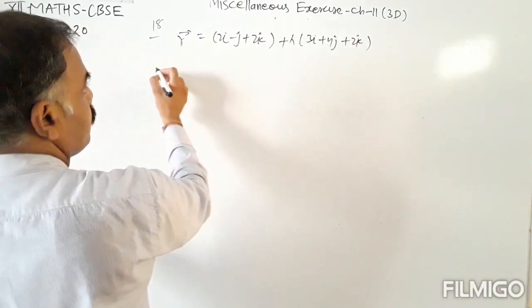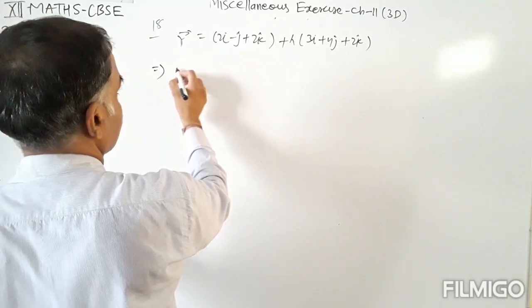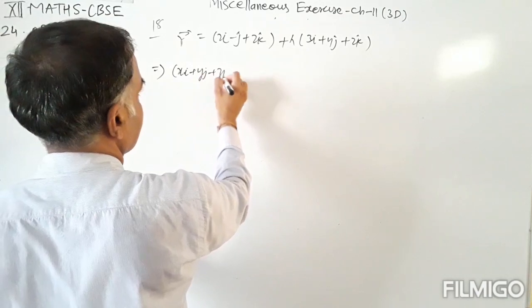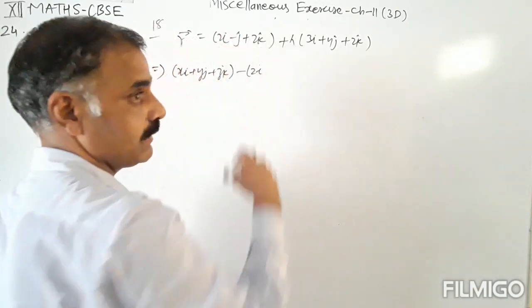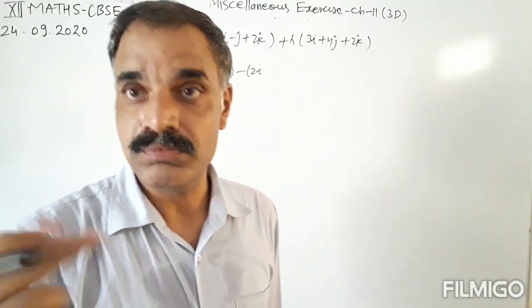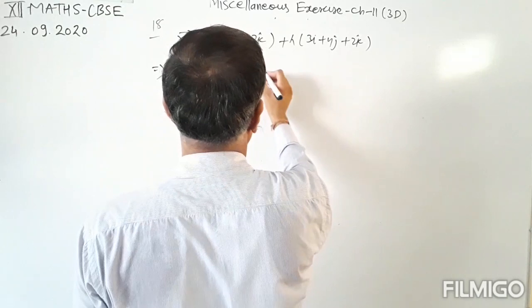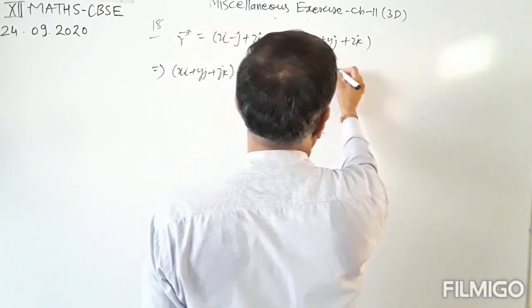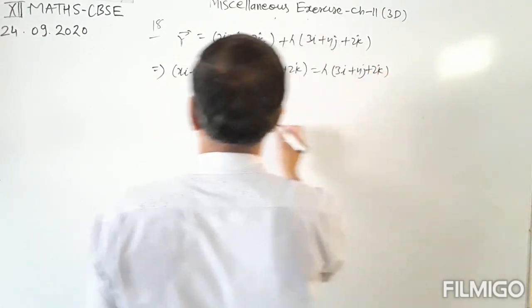First of all, converting this into Cartesian form, r vector equals x i cap plus y j cap plus z k cap minus 2i cap. We are converting this into Cartesian form first. So converting this, we will have x i cap minus j cap plus 2k cap equals lambda into (3i cap plus 4j cap plus 2k cap).